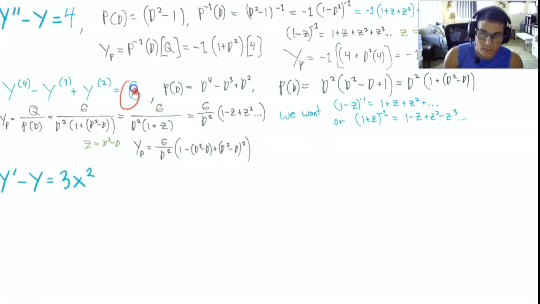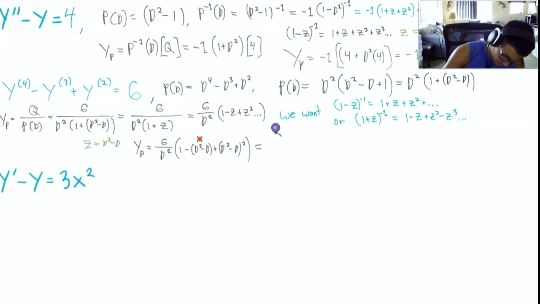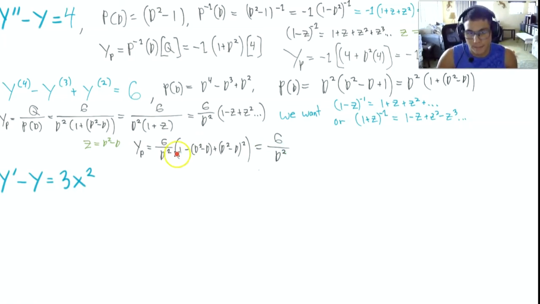The derivative of this would just be 0. This is 6 D squared. The reason I didn't take the derivative down here and just wrote it like this is because that's what I've been told.